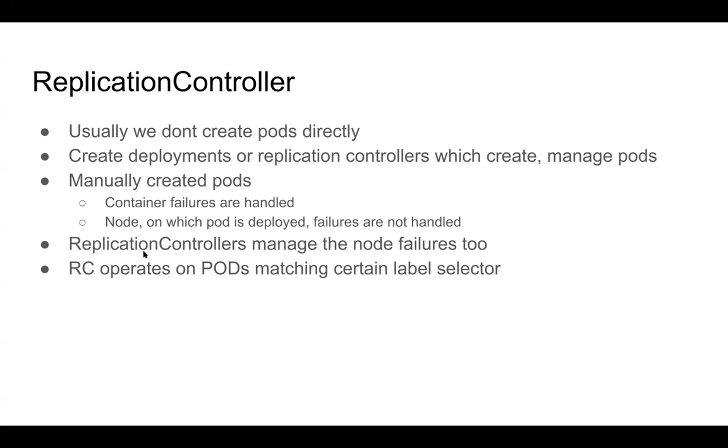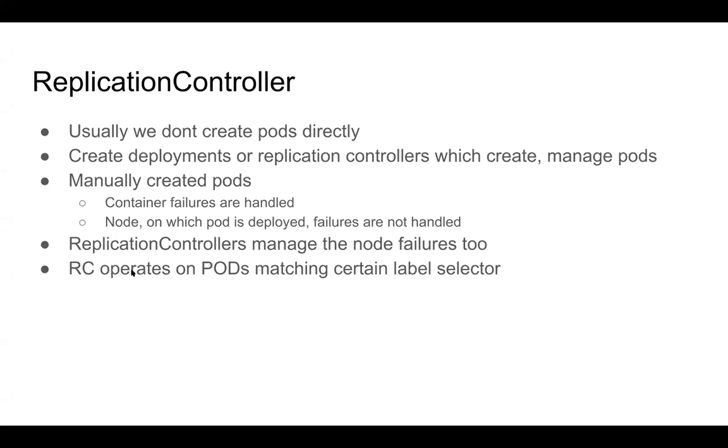Node failure also gets detected. There can be pod failure and there can be node failure also. The node can remain intact, but the pod can fail for whatever reason, so that pod will get started. Or the node itself can crash. And when you're dealing with clouds, there's a high probability of nodes getting crashed. So that also gets handled.